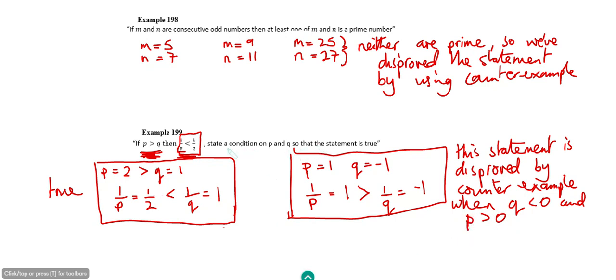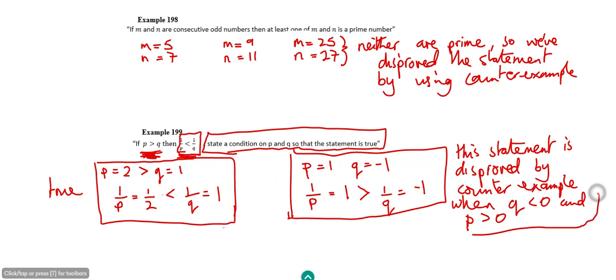So if we want to find a condition for P and Q so that the statement is true, then we have to come up with something that's going to disallow this situation to occur, so that won't allow this counterexample to occur. A condition that would not allow this counterexample to occur would be that both P and Q were positive.